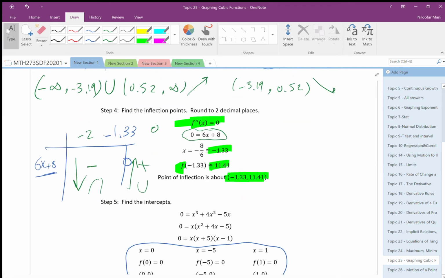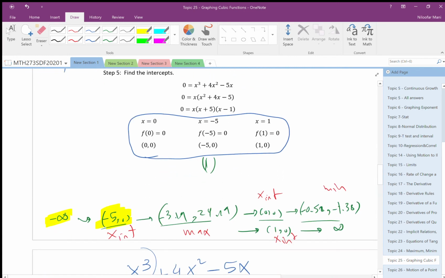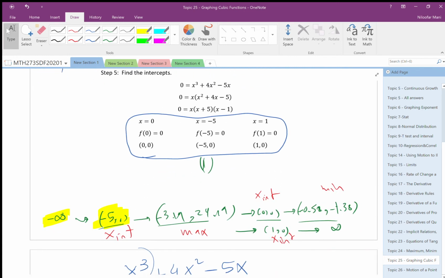Then you can find the second derivative root and find if it is an inflection point. Then you can find the x-intercept and y-intercept, because they give you where you have to touch the x-axis and y-axis.